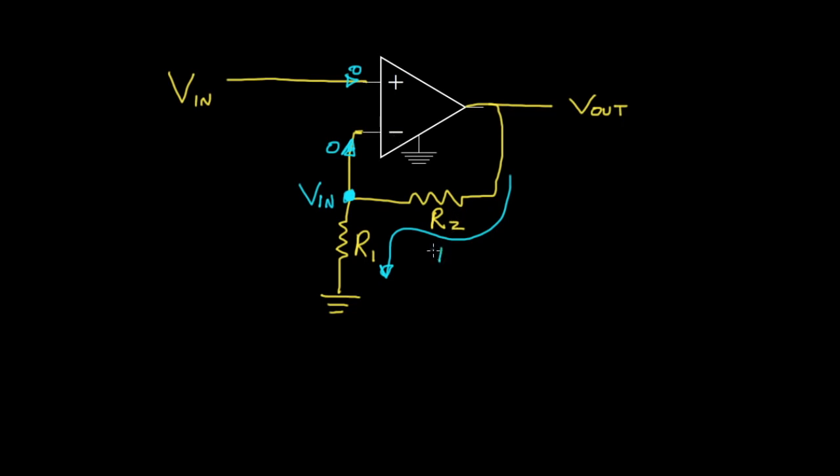So if I define this current as I, then that overall current, I, would be equal to Vout over R1 plus R2. But that would also have to be equal to Vin over R1.